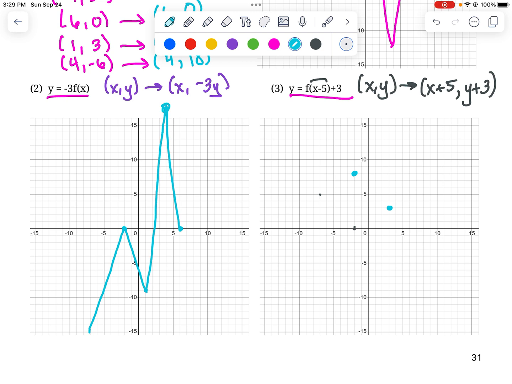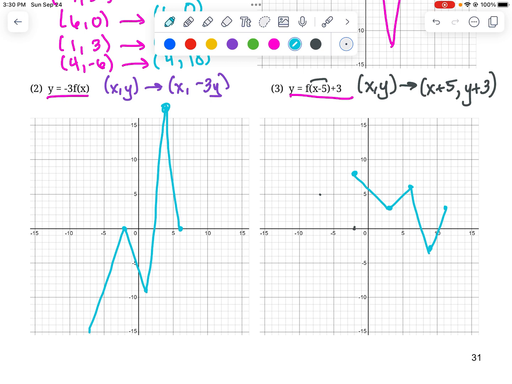So either do plug and chug math through all the coordinates that you have, adding 5 and adding a 3, or find the old points and then count boxes to figure out where the new ones are. But in any case, you should end up in the end with this picture. If you need to pause the video to finish the picture, please do so.